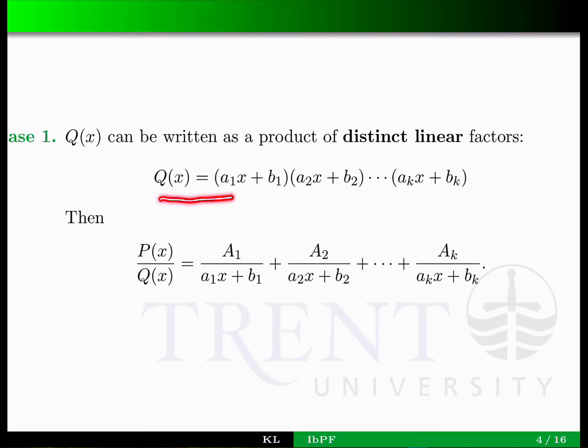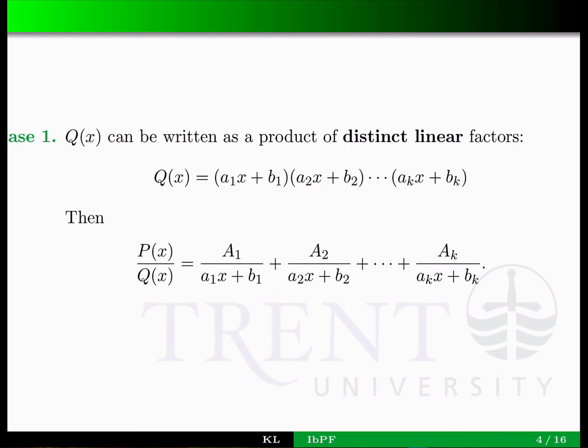If your q of x can be written as a product of distinct linear factors, then p over q can be written as follows: capital A1 over a1x plus b1, plus capital A2 over a2x plus b2, plus, until capital Ak over akx plus bk.